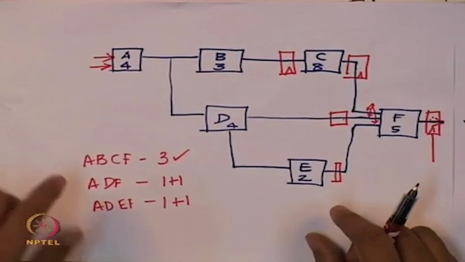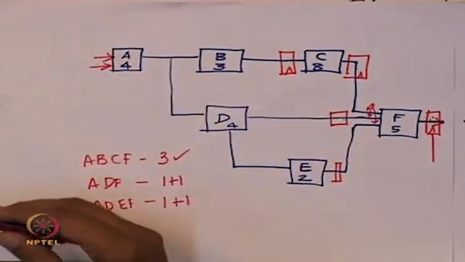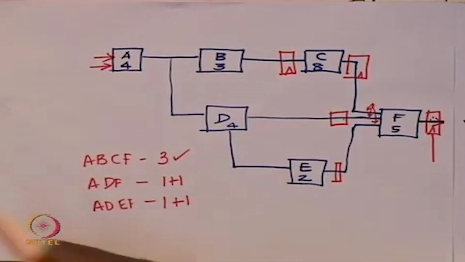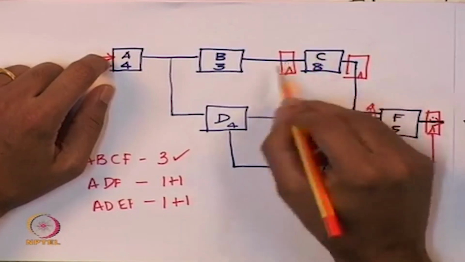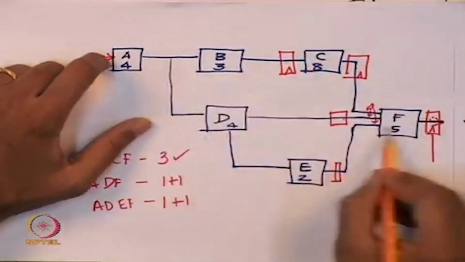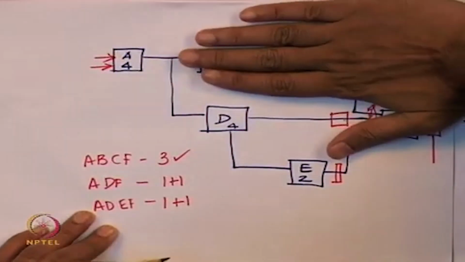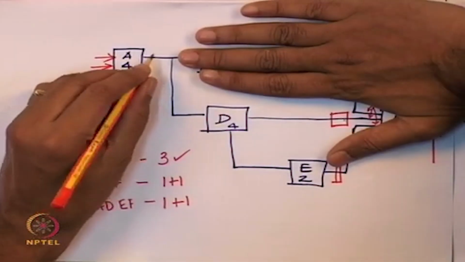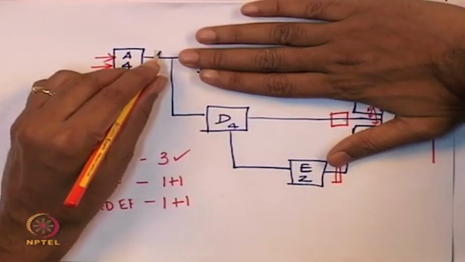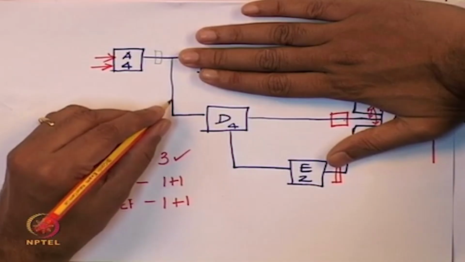So now again we have a choice. If I want to put the flip flops, so let us say there are multiple locations, right? I have already decided to put a flip flop here by the way, so that is not there. So I am only looking at ADF and ADEF. So to do that, I can forget the circuit that is on the top here, and all I need to do is put flip flops either here, or I can do it on the branch here, right.